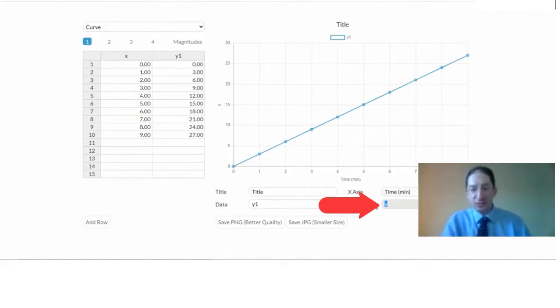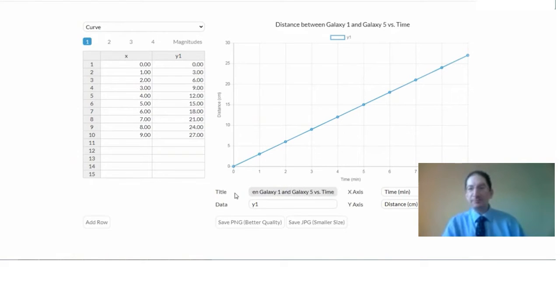On the y-axis, we have distance measured in centimeters. And the title can be something like distance between galaxy 1 and galaxy 5 versus time.